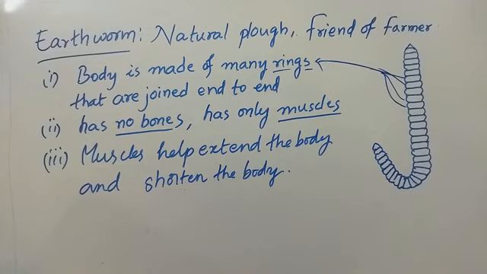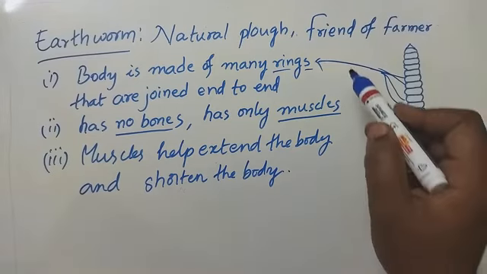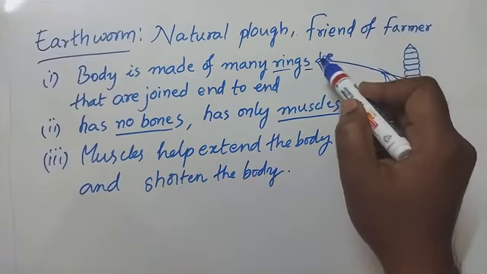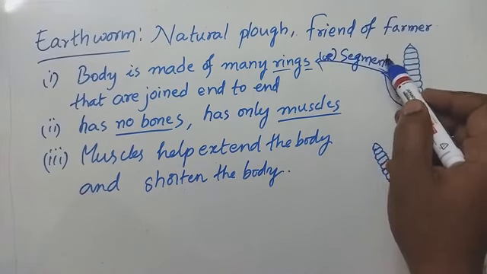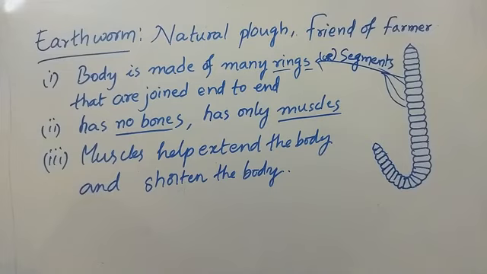If you take the structure of earthworm, it is made up of many rings or segments. The body of the earthworm appears segmented, and these segments or rings are joined end to end.